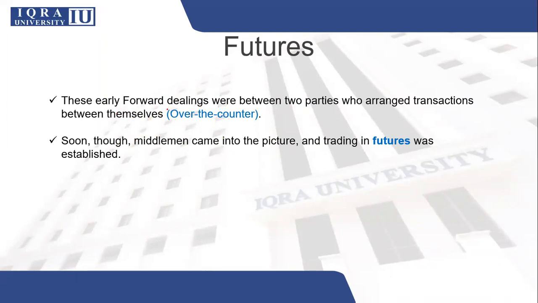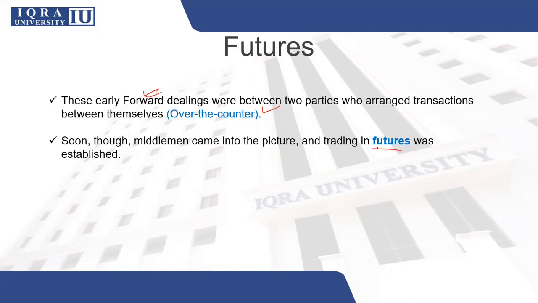The difference between forwards and futures is that a forward is not traded on exchanges. A forward is dealt directly with the other party, in the over-the-counter market, so the terms can be negotiated according to both parties.